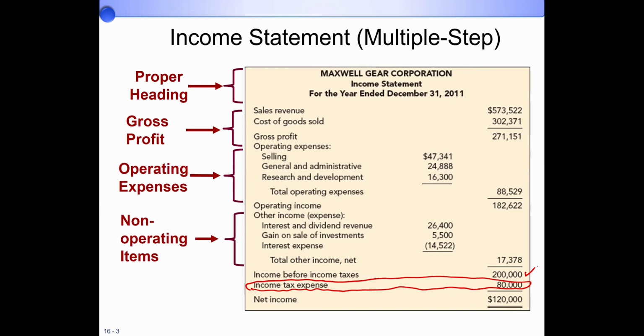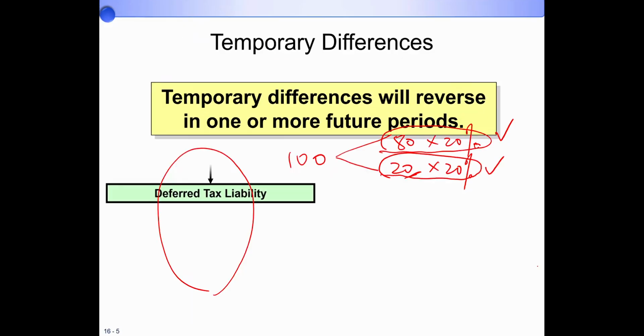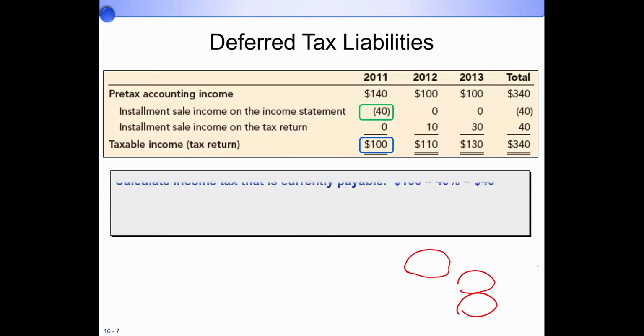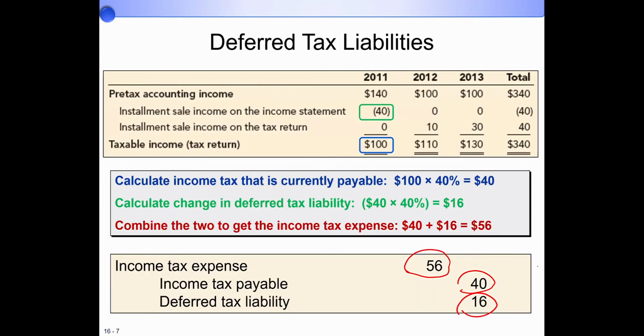But actually it's not the case. That's just a very naive case. We don't do it like that. So now we're learning how to figure out the income tax expenses correctly. That makes sense? Remember, income tax expenses is always the balance when you write the journals like this. So this 56 is the balance in that journal. This is what we learned.